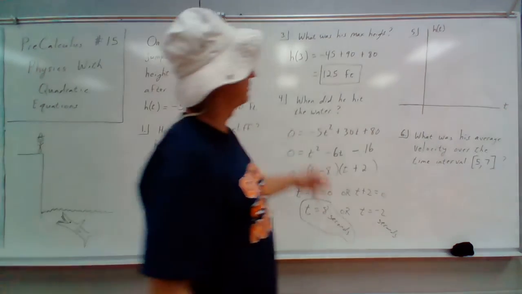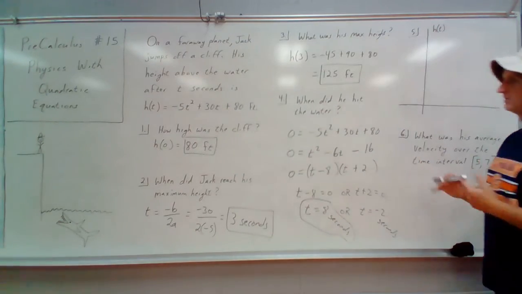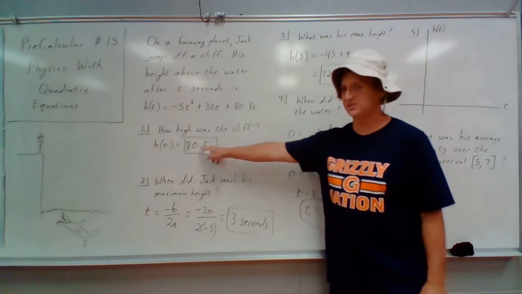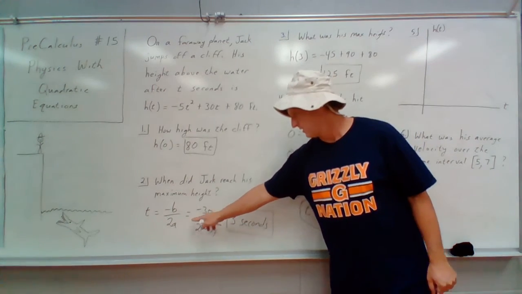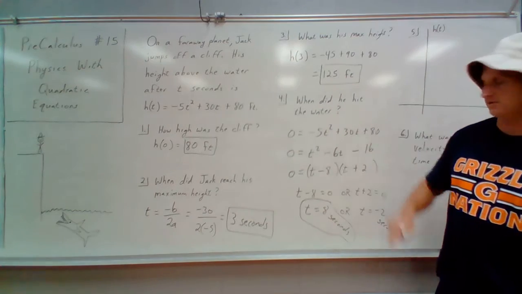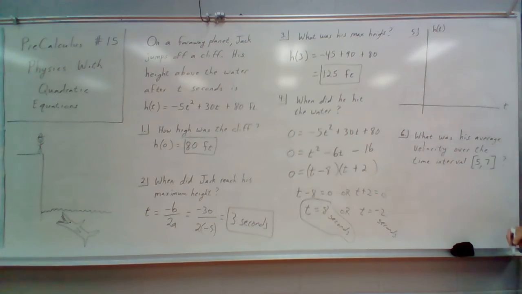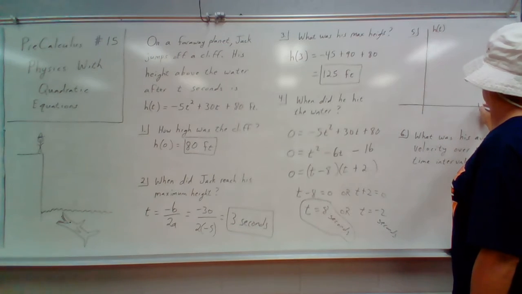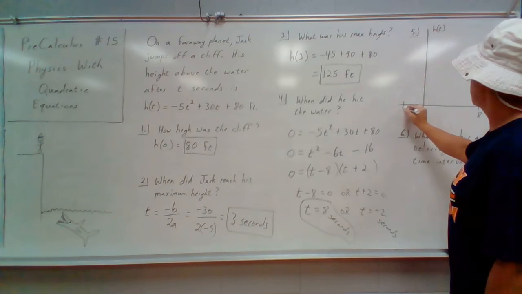All right, let's make a graph of this equation. Notice that we've already found the initial value, the vertex, and the roots. So my roots were at 8 and negative 2.